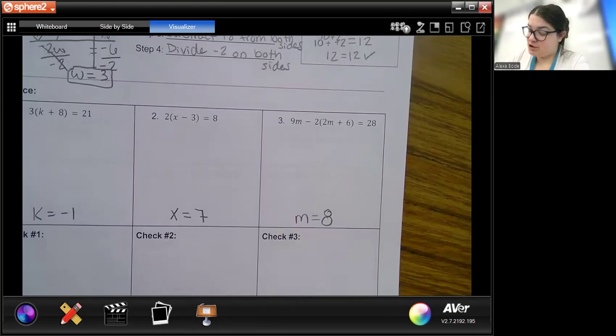See, even your math teacher needs to check her work to make sure that she's doing everything correctly. I made a mistake somewhere with that one. I might have to do this one with you guys because I made a mistake somewhere and I don't know where my mistake is.